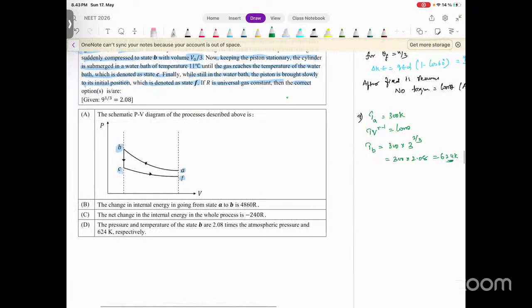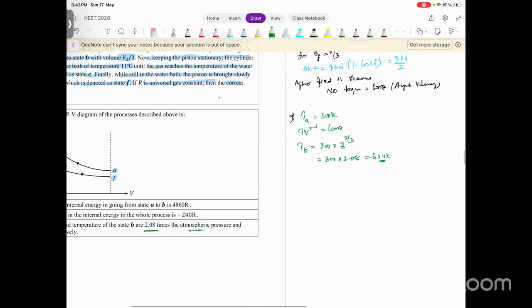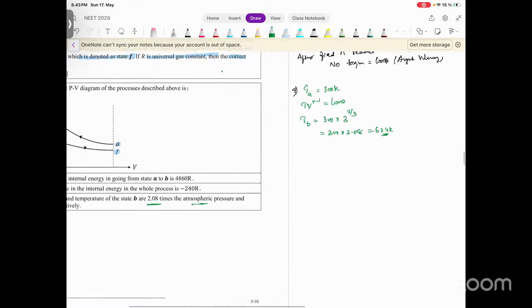So the pressure and temperature of state B are 2.08 times atmospheric pressure, and I'm getting 624. So D is correct? That is already given in the option, which is the reason I'm reading the options first.